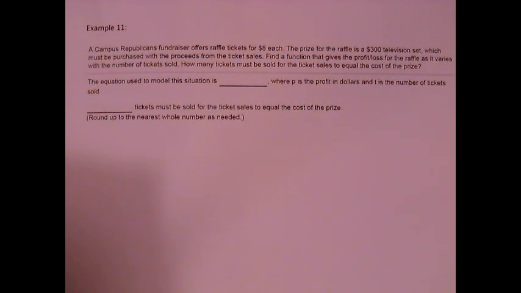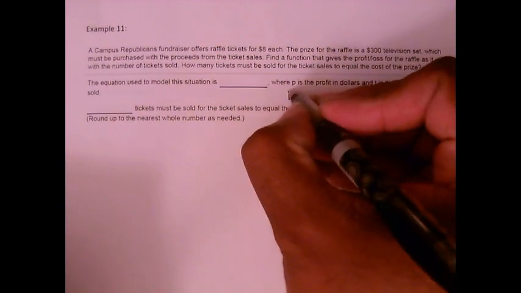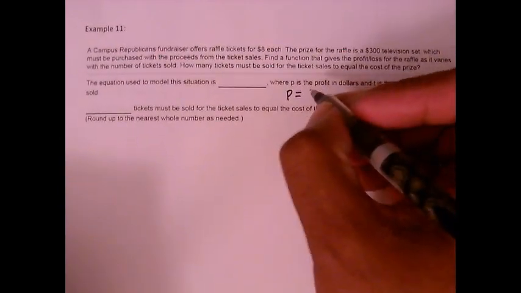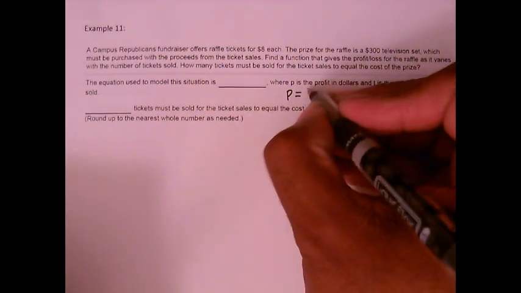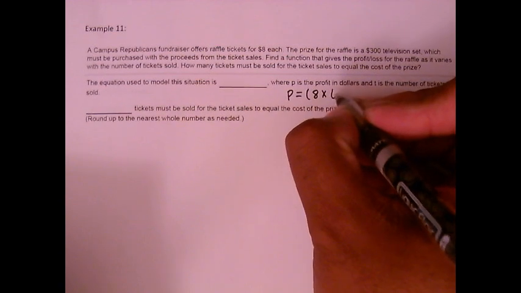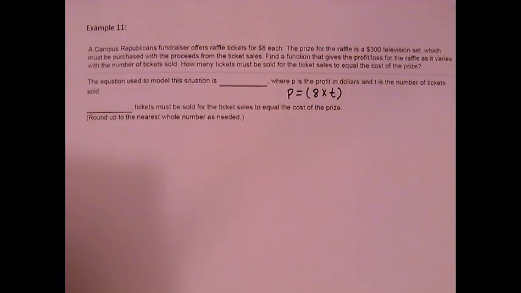Okay. So here we need to find out what that equation is going to be. Your P is going to be the profit in dollars, and T is the number of tickets sold. So P is equal to, the raffle tickets are $8 each, so that's 8 times T, the number of tickets.